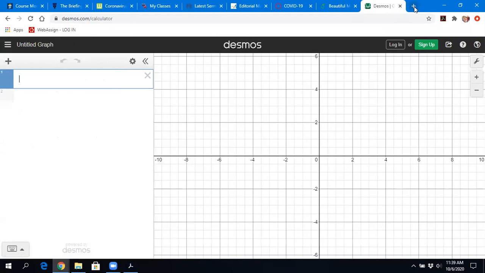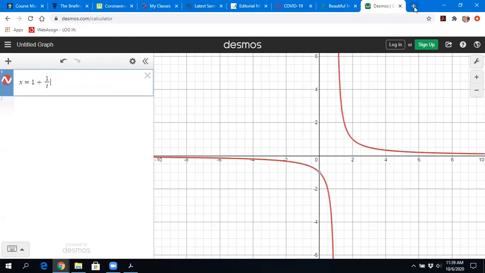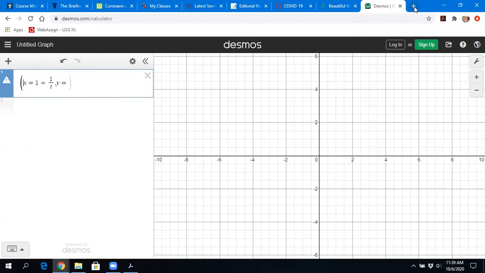And I'm pretty sure that you can just say x equals, what was it? It was 1 plus 1 over t. And then y equals, I think, or maybe I have to go like this. X equals this and y equals, what was it, t minus 1 or something? This was working earlier.